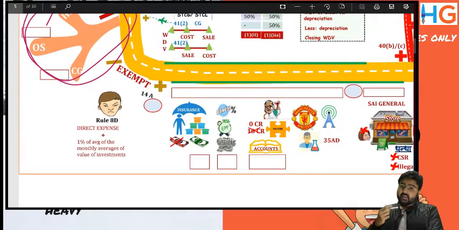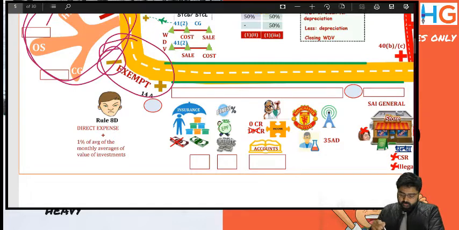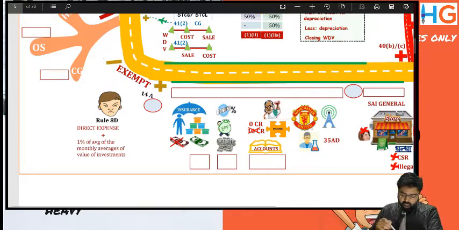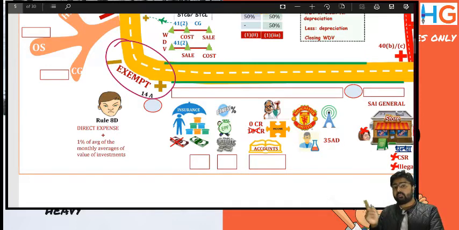Then if we see exempt income, for example, agricultural income, we have to reduce it. Again, as soon as we see the agricultural income, we have to see the debit side if there are any expenses related to agricultural income. This is what we call a circle, or a chalk, where income and expense both are related.